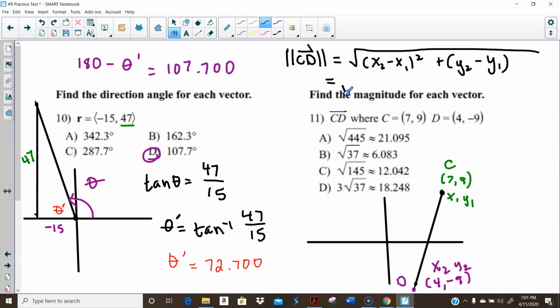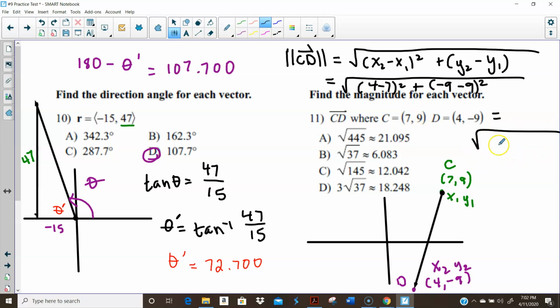If you apply the distance formula, then x2 is 4, so it's going to be 4 subtract 7 squared, plus negative 9 subtract 9 squared. Go ahead and figure out what that is, and that's going to be our magnitude.